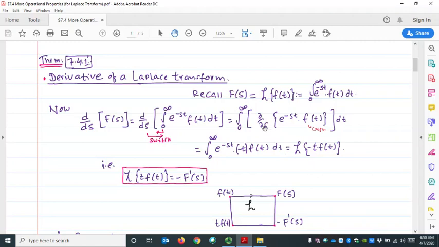This is the partial derivative of e to the power negative st with respect to s. This is simply the Laplace transform of negative t times little f of t. So we found the Laplace transform of t times little f of t equals minus the derivative of the transform.